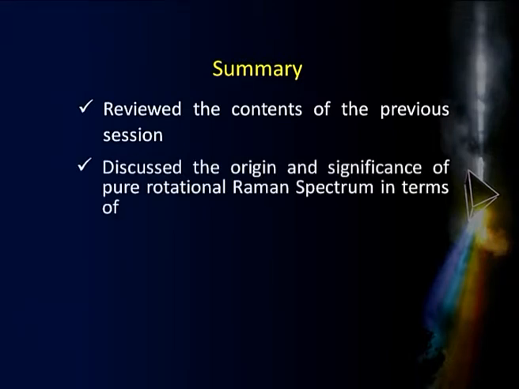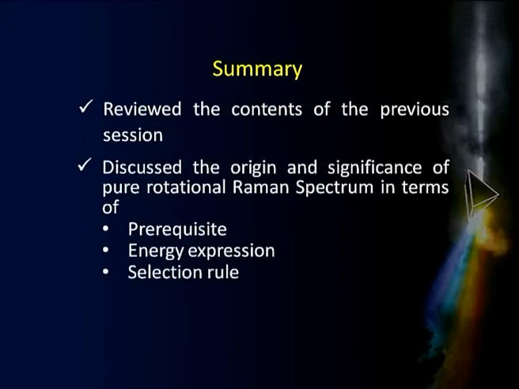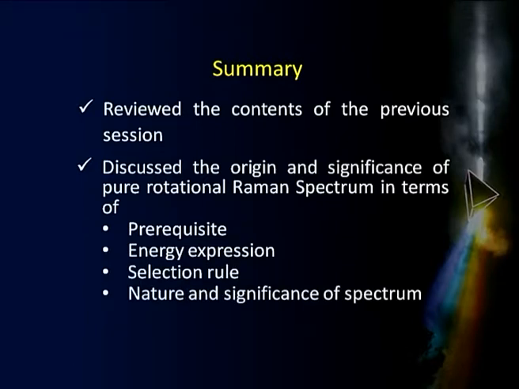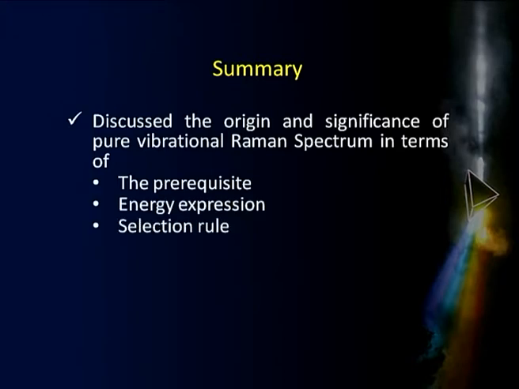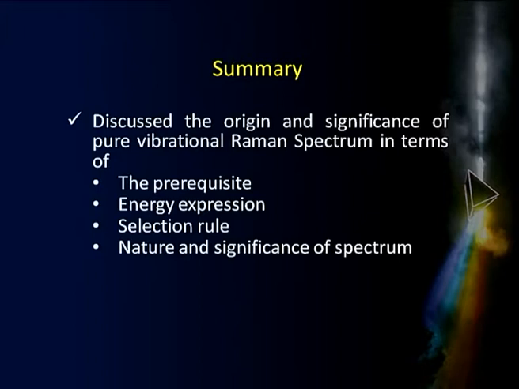Thereafter, we discussed the origin and significance of pure rotational Raman spectrum in terms of the prerequisites, the energy expression, the selection rule, the nature and significance of spectrum, and thereafter we took up the discussion on origin and significance of pure vibration Raman spectrum, again in terms of the prerequisites, the energy expression, the selection rules and nature and significance of the spectrum. And then of course, we did mention the salient features of the spectra we get there. So, with this we come to the conclusion of our discussion on Raman spectroscopy.